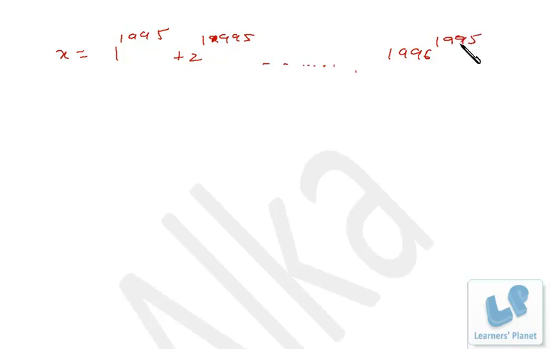Now, if this expression is divided by 1997, what is the remainder? This seems to be a tedious one, but it's very easy if we are clear with the basic concepts.